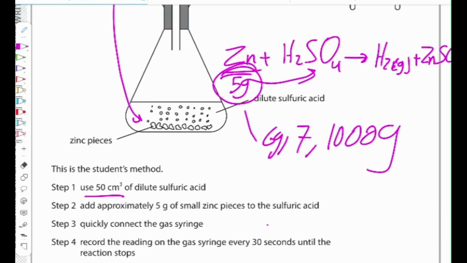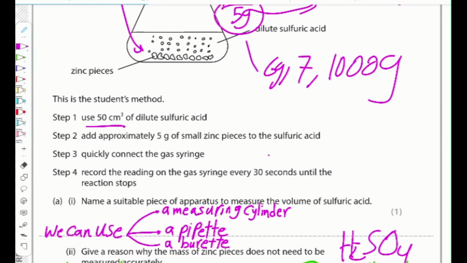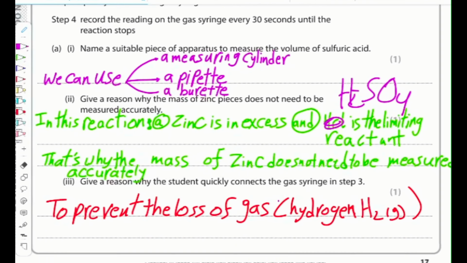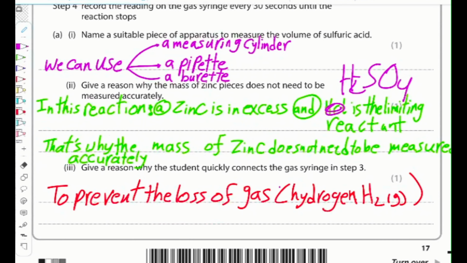So any extra amount I add more than 5 will be in excess. And as long as the zinc is in excess, measuring the mass of the zinc will be useless or irrelevant. So we don't need to know its mass accurately. Let's move to the third question.